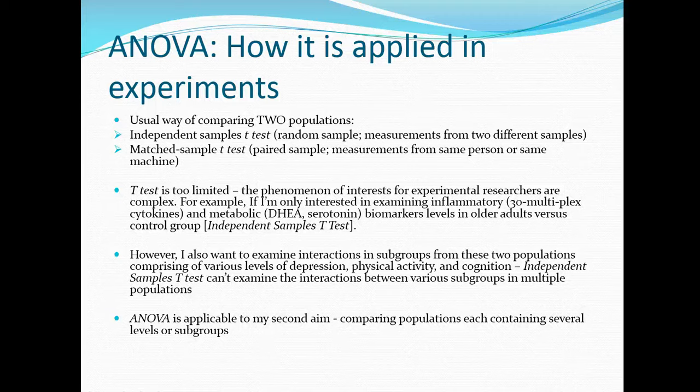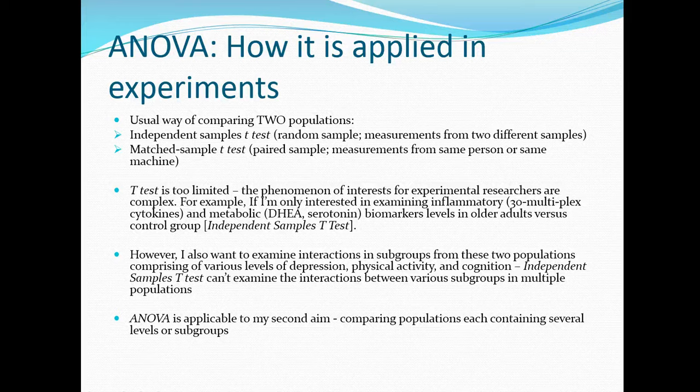The phenomenon of interest for the experimental researchers are complex nowadays. I'll give you an example. You could be interested in examining inflammatory cytokines with 30 multiplex cytokines, and then you also wanted to look at metabolic biomarkers such as DHEA, serotonin.